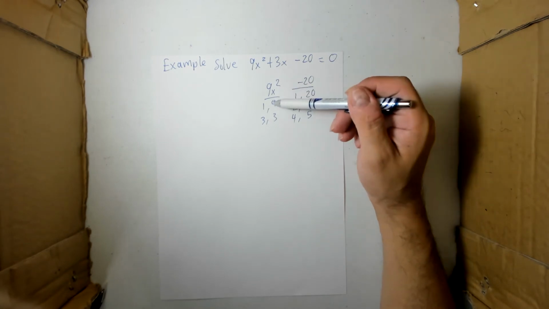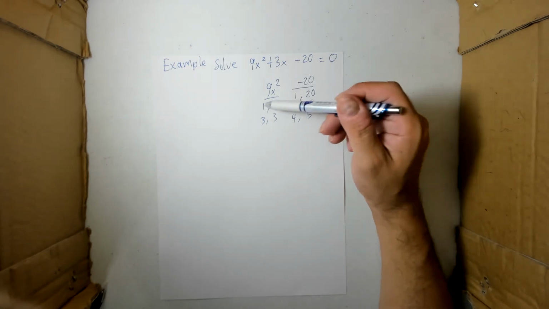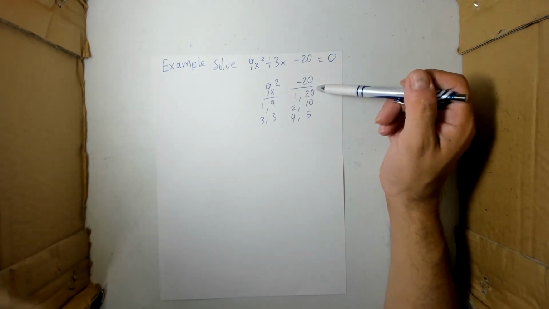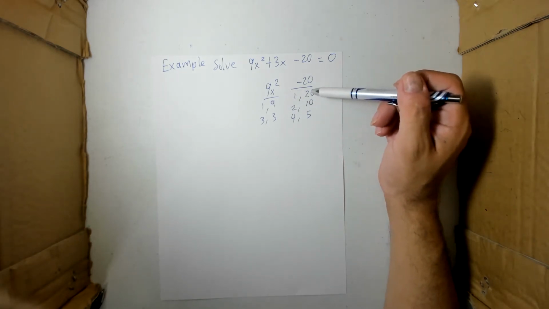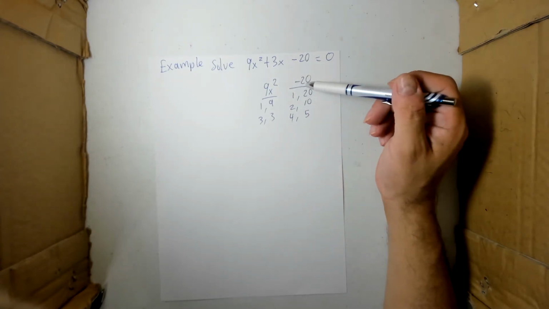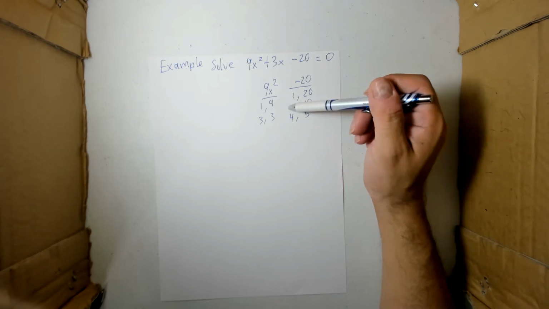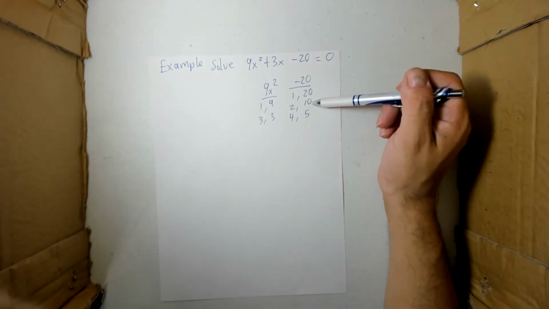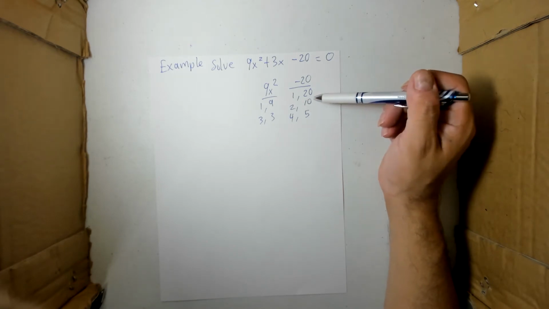Now, if I look at these, let's start playing with the 1s and the 9s. If I were to look at 1 times 1 and 9 times 20, I'm going to get a huge number. 9 times 20 is like 180, right? So 180x and a 1, that's nowhere near 3. If I do 9 times 2, that would be 18, and 1 times 10, that'll be a difference of about 8.